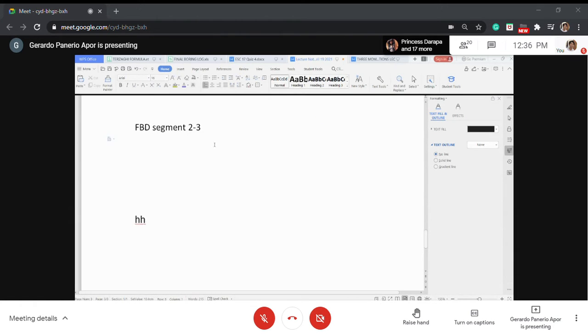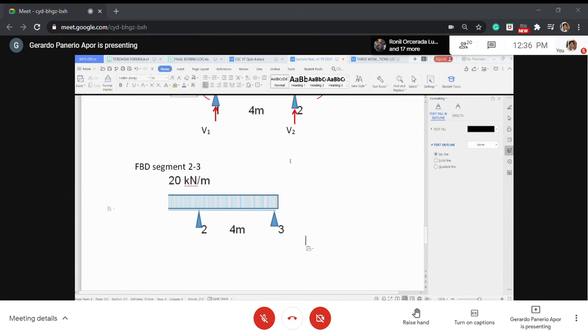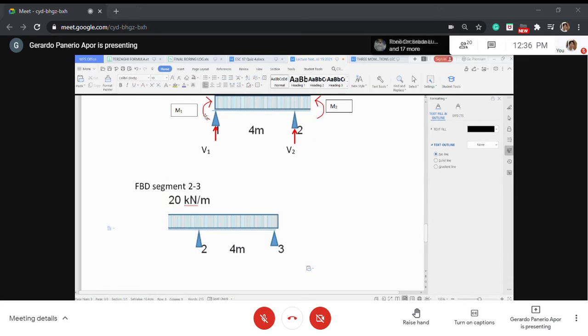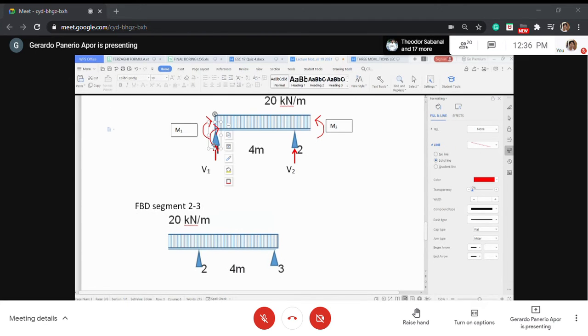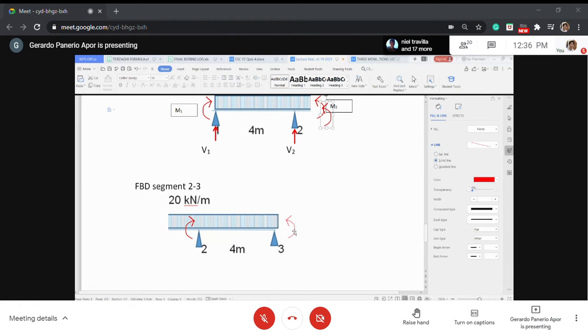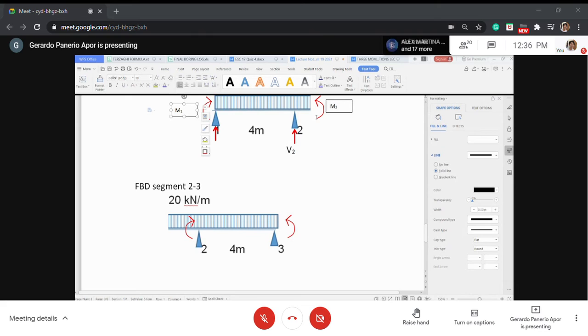Put it here. Okay, so this is the diagram. So I will put this one, copy, paste. This one as your M2, and then this one is your paste.